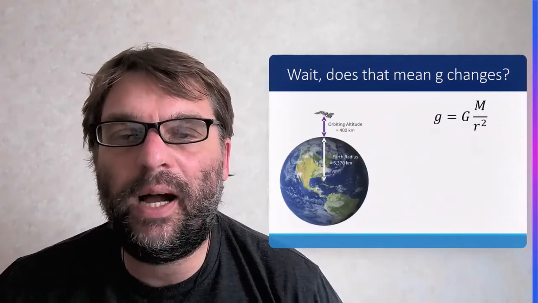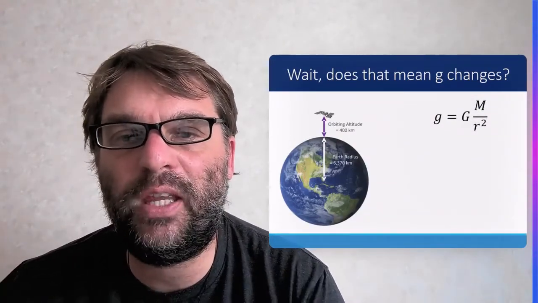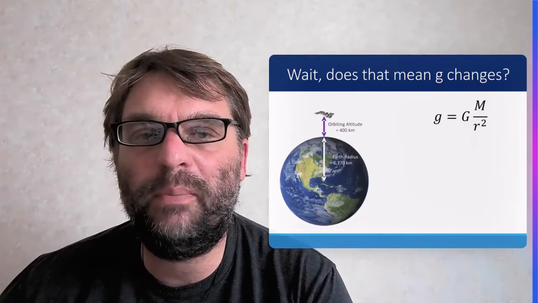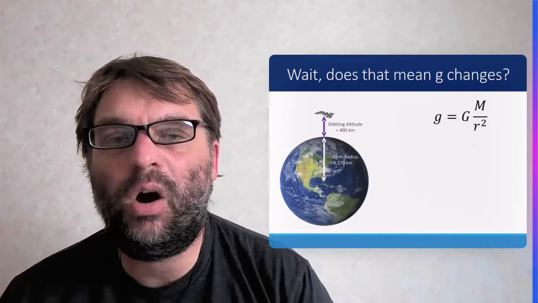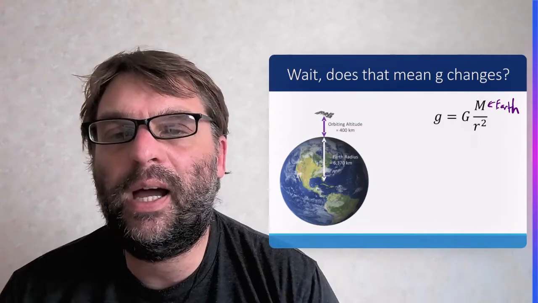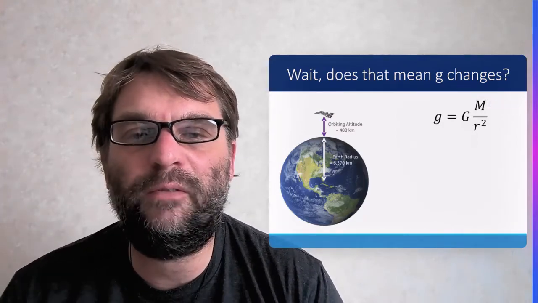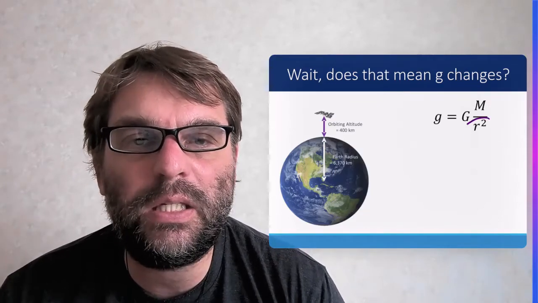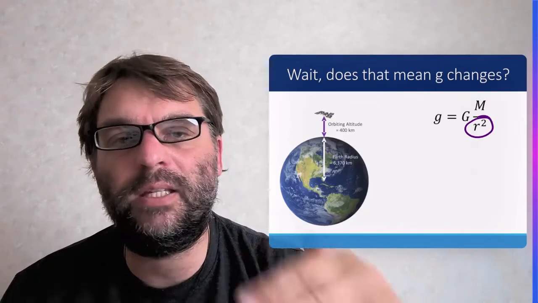Well, g can also be represented as the gravitational constant times the mass of that massive object, say the Earth, divided by the radius from that center.